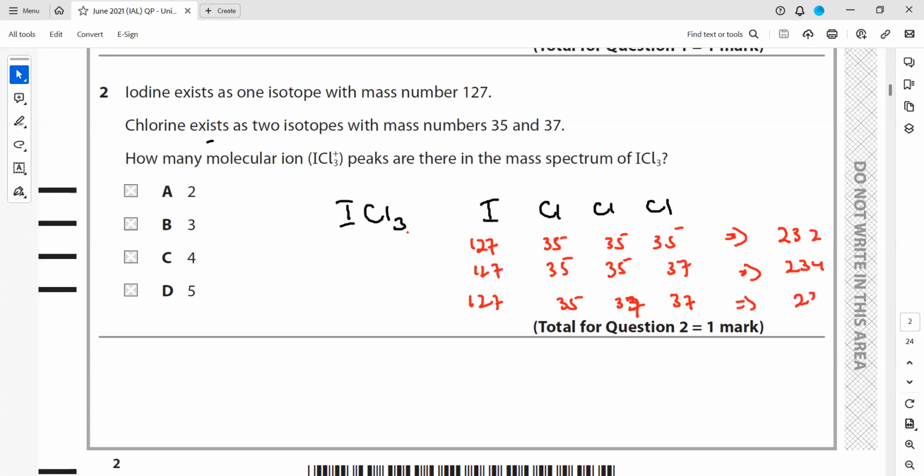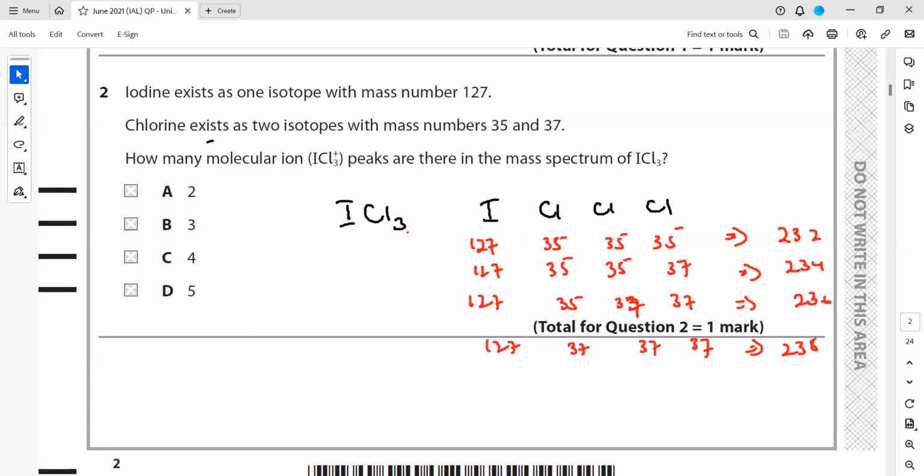So the peak will be 236. Another possibility, that all of them are 37. So if all of them are 37, where will we get a peak? We'll get a peak at 238.